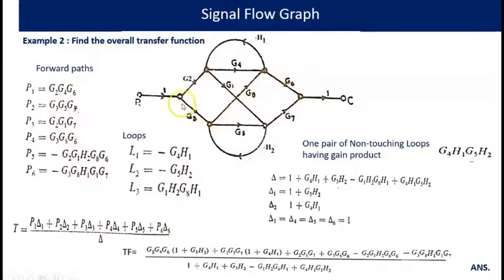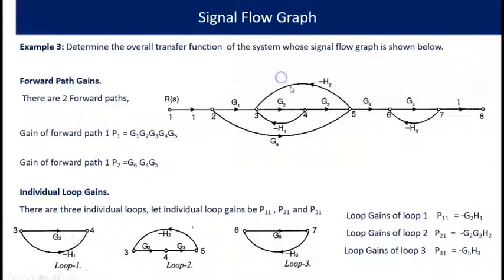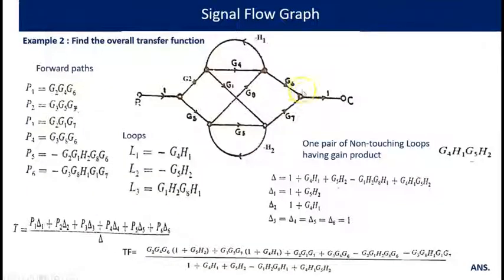Then two more paths: starting from G2, G1 minus H2, G8, G6, that is one path. Another path starts from G3, G8 minus H1, G1, G7. So 6 paths are there.